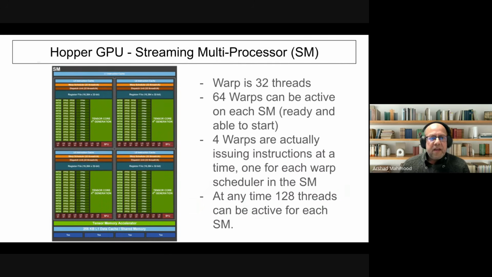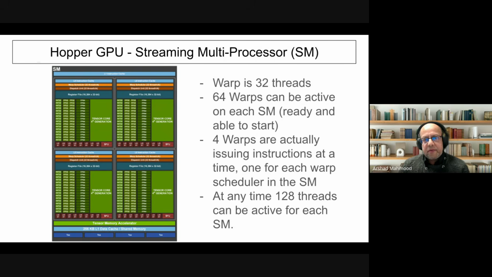If we carry on, each one of those SMs is further broken down into 4 units. Each of those units has a tensor core, all these floating point operation units, and load store into memory. So you can think of each SM as capable of running 4 programs simultaneously, and we call those programs warps.